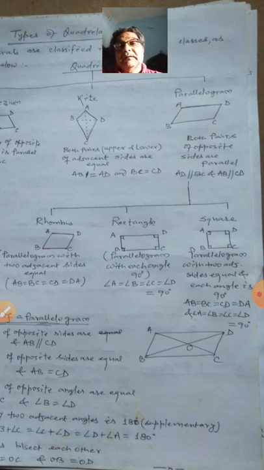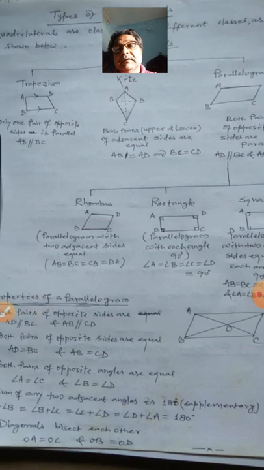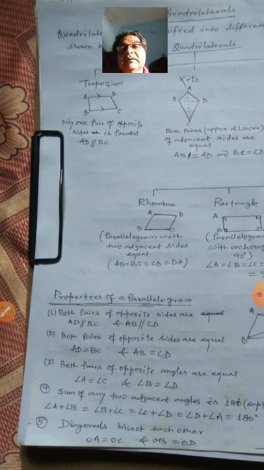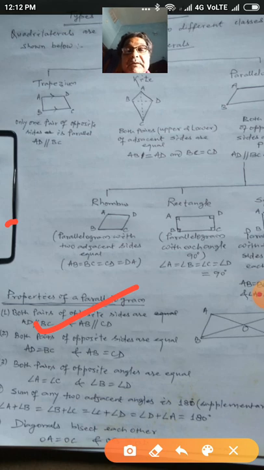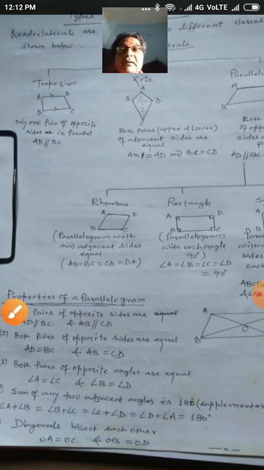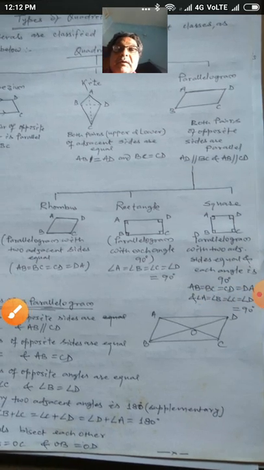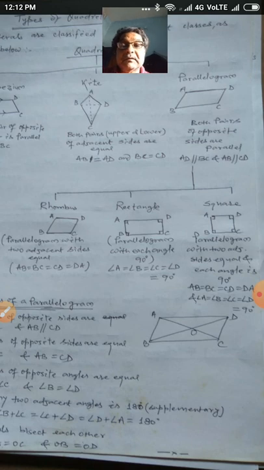Now, just in continuation of parallelogram, we see the properties of parallelogram. So in the adjacent figure, you see this figure, a parallelogram, as earlier you have defined, such a quadrilateral whose both pairs of opposite sides are parallel and equal.